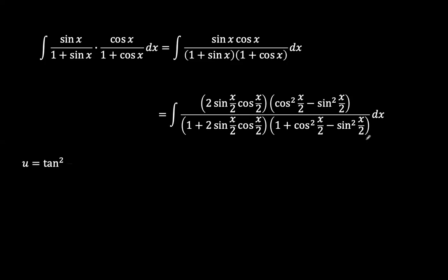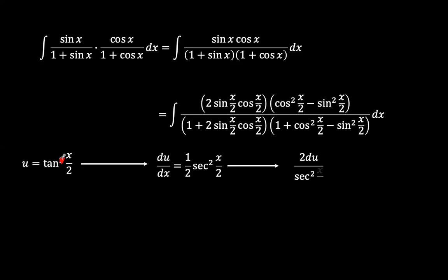Then we can say let u be equal to tan x over 2, right? Such that du dx is the same as a half sec squared x over 2. And therefore, multiplying both sides by 2, 2 du over sec squared x over 2 is equal to dx.